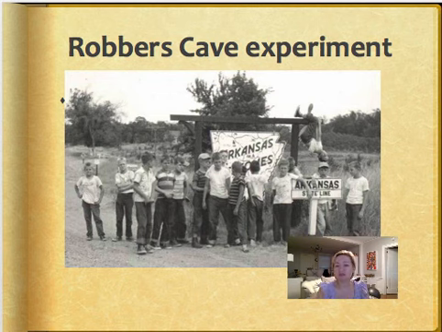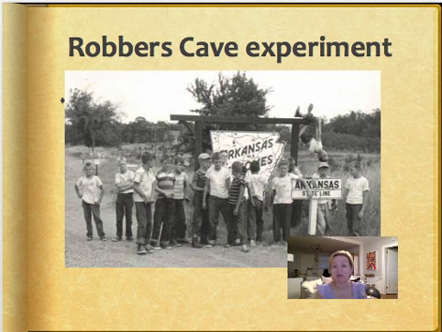So during this first phase, what was important is the creation of these in-groups, so that the members of each group bonded with each other. And they didn't know about the other group's existence, okay? So the boys developed an attachment to their groups throughout the week.